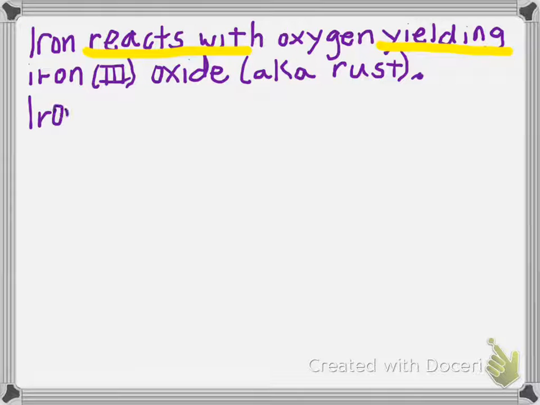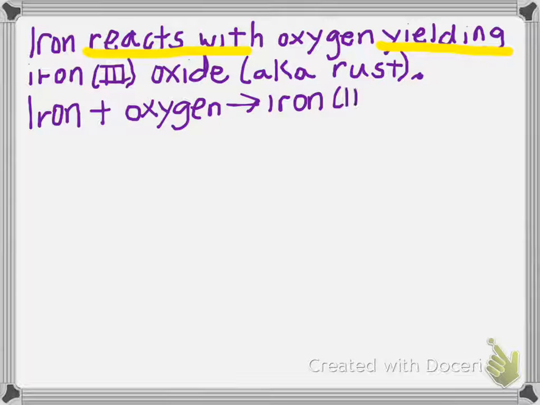So our word equation is iron plus oxygen, arrow, iron 3 oxide. And again, the also known as rust is extra information that we can leave out.